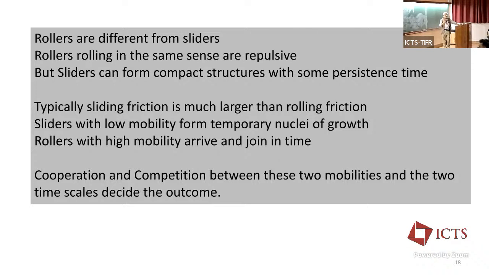There is a time scale on how long a cluster can survive and a time scale in which particles can come and join. They compete and collaborate, and it is the result of that competition and collaboration, I'm now just guessing wildly. I don't have proof, because many more things have to be done to even understand the proof.